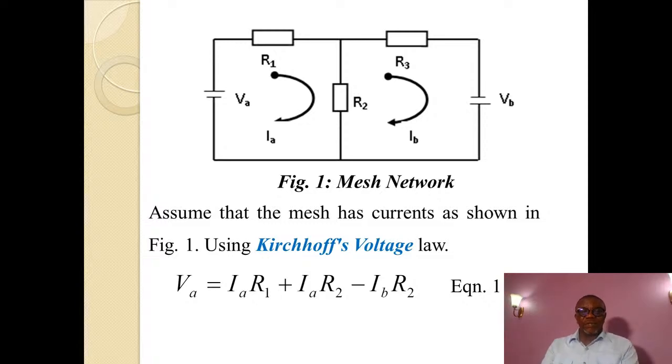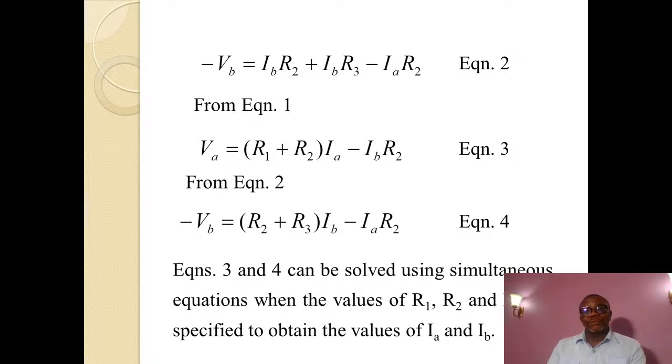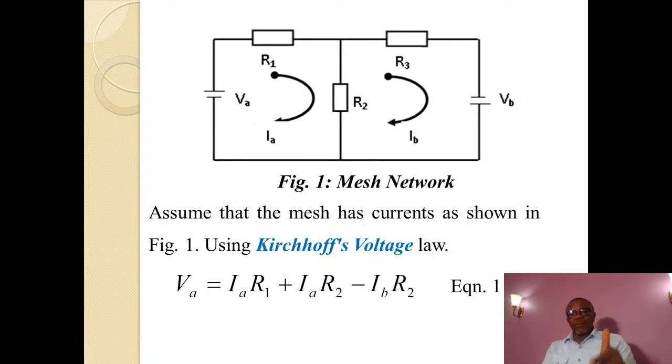VA will be equal to IA R1 plus IA R2 minus IB R2. Can you see that?